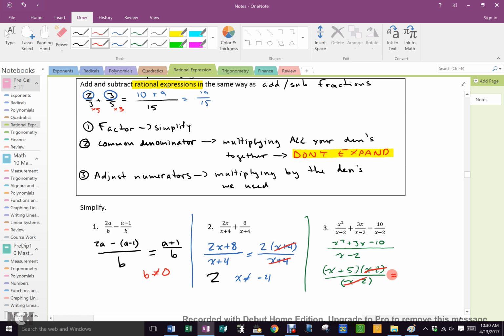Cancel. And what's the final answer? x plus 5. But x cannot equal 2. Is everybody good when the denominators are the same? Everyone. You're liars. But that's all right.